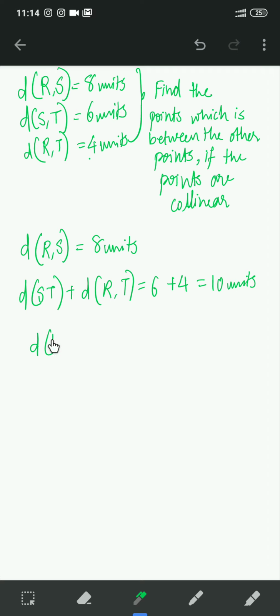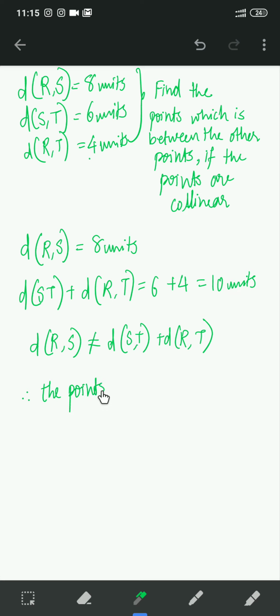Simply put, distance between R and S is not equal to distance between ST plus distance between RT. They are not equal. Therefore, I will say the points R, S and T are not collinear.